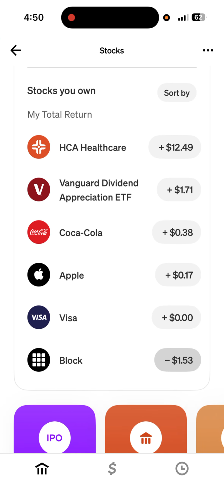And so the next stock I have here is Coca-Cola. Another stock I have is Apple. The next one I have is Visa, which is a financial technology company that processes transactions as we make payments. They're a well-known, well-established company.